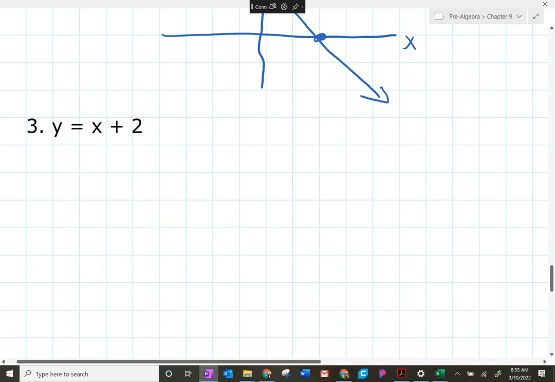Negative 2 equals X. Fantastic. So y equals 0, X equals negative 2. And this one is y equals 0.